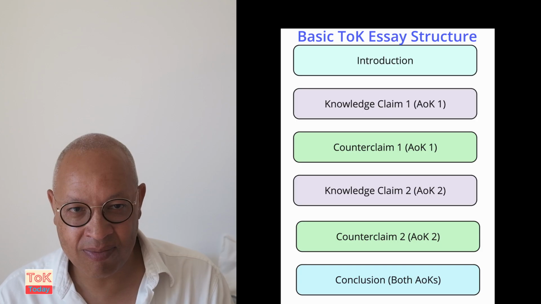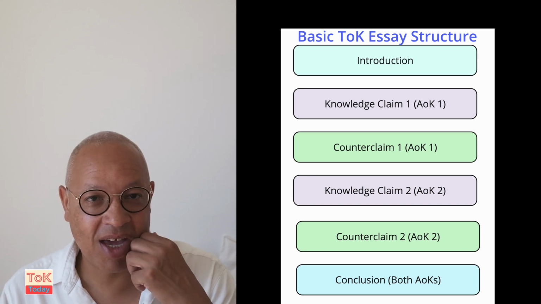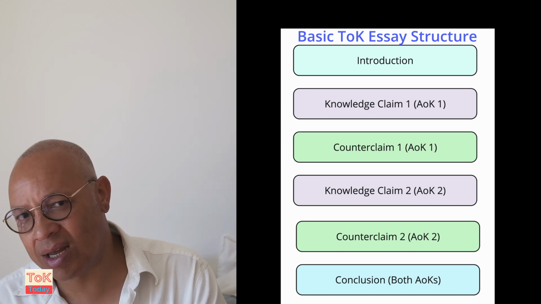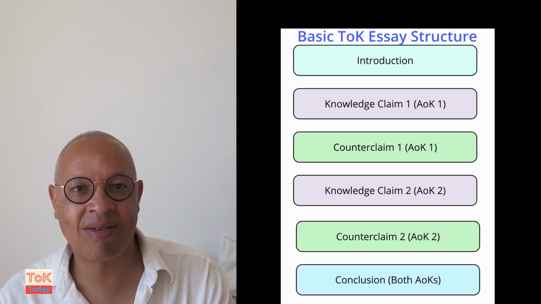And the most straightforward example and most often used structure is, well, we start off with an introduction where you give the examiner some idea of what the essay is going to include, and usually you include a thesis statement.